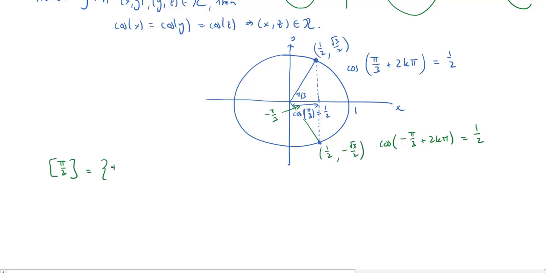We could write it really short as plus or minus pi over 3 plus 2k pi, where k just has to be some integer. If negative, it just means you're going backward. Positive, you're going forward. Zero, not a problem, you're just at the original point, plus or minus pi over 3. So there we go. This is the equivalence class of pi over 3.